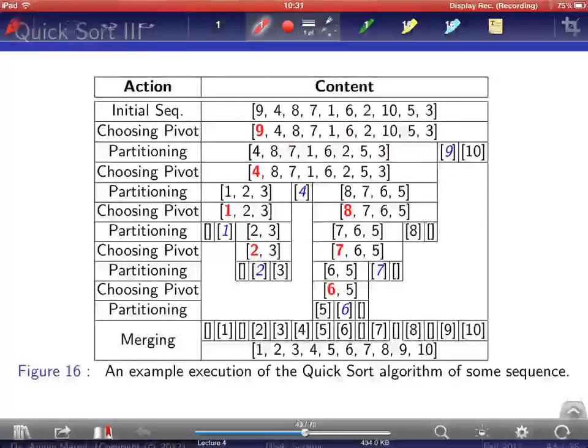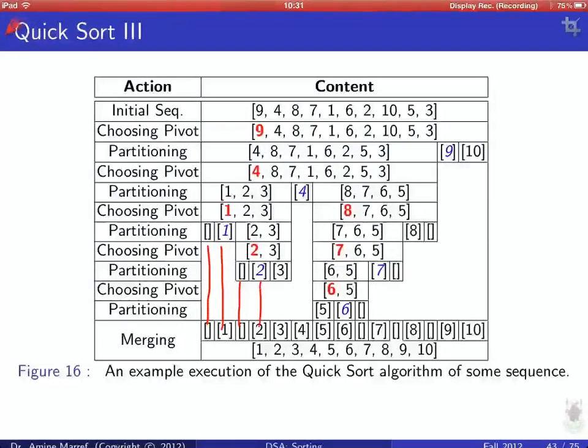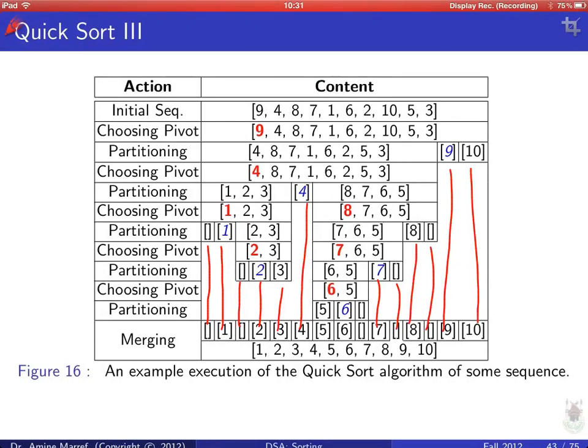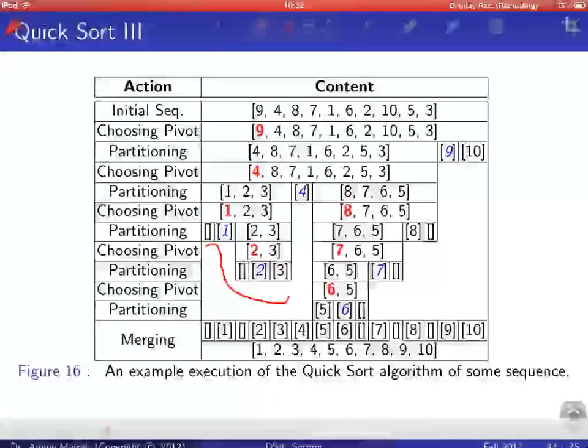So at this level, for example, we are concatenating the quick sorted version of this with the quick sorted version of this with 4. The quick sorted version of that is obviously this. So this is just the recursive definition of quick sort. I call it the naive quick sort.